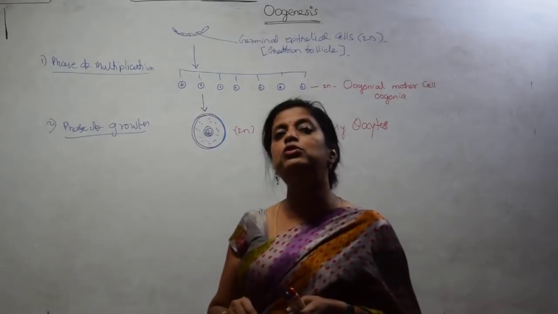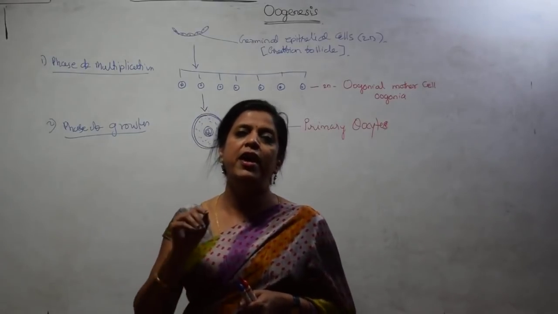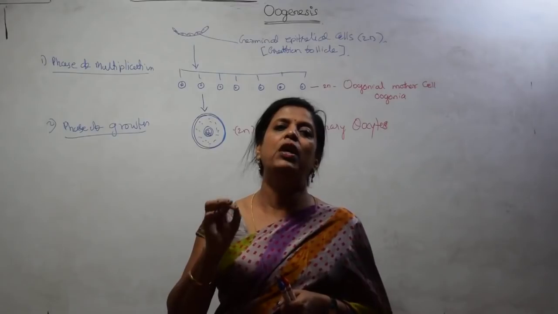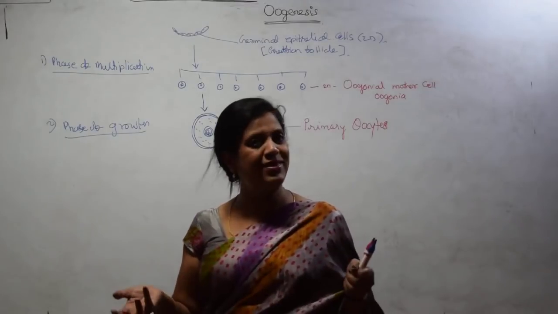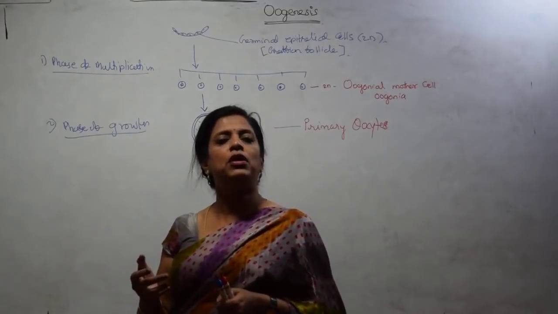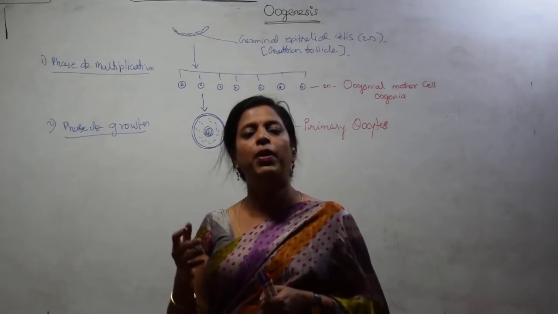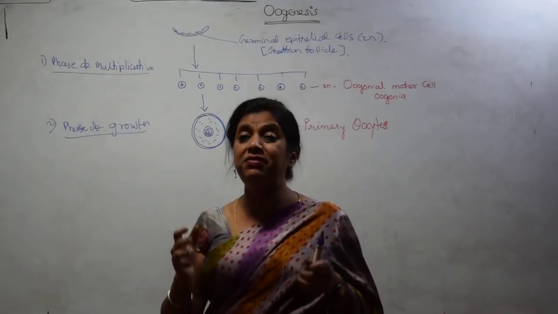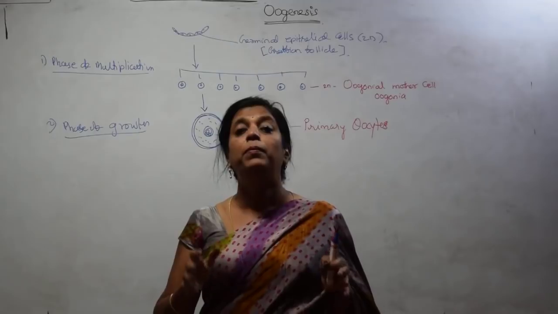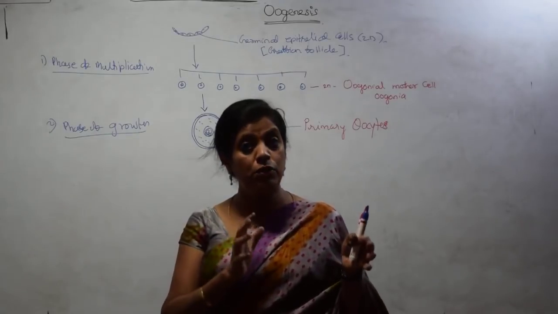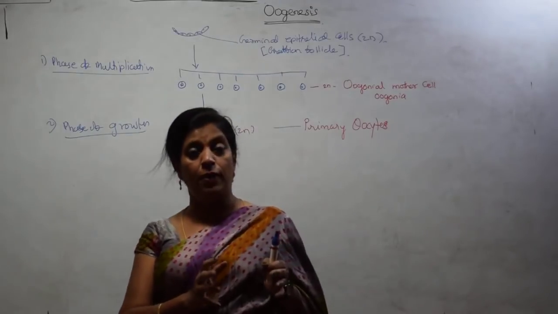But in humans, it's not so, because in humans, egg is produced without any yolk. Reason? Very simple. Humans undergo internal fertilization. Apart from that, once fertilization takes place, the mother develops a nutritive tissue called the placenta.